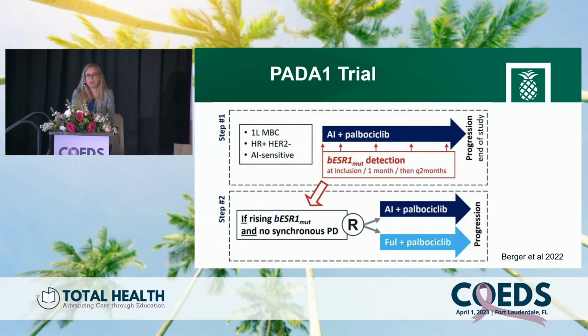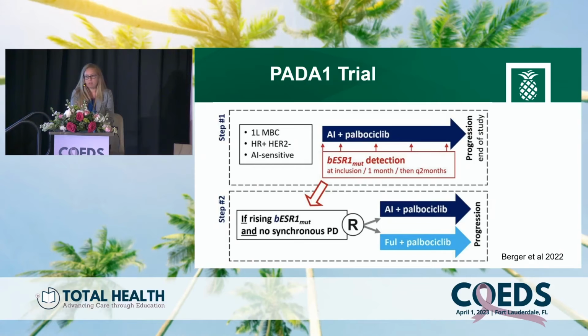Talking a little bit about mechanisms of resistance in the metastatic setting, an interesting trial that used ctDNA for monitoring resistance was the PADA-1 trial. This looked at patients with first-line metastatic ER-positive, HER2-negative breast cancer, and looked for ESR1 mutations during their first-line treatment with AI and palbociclib.